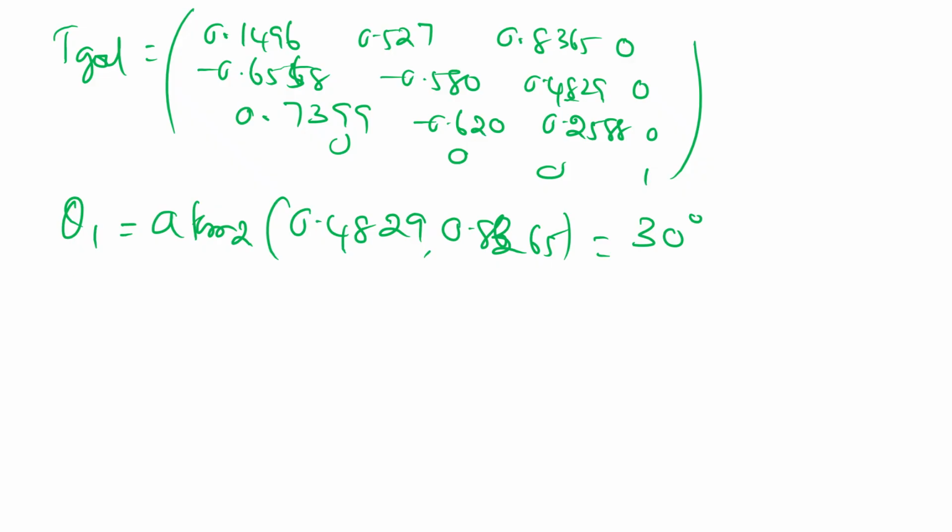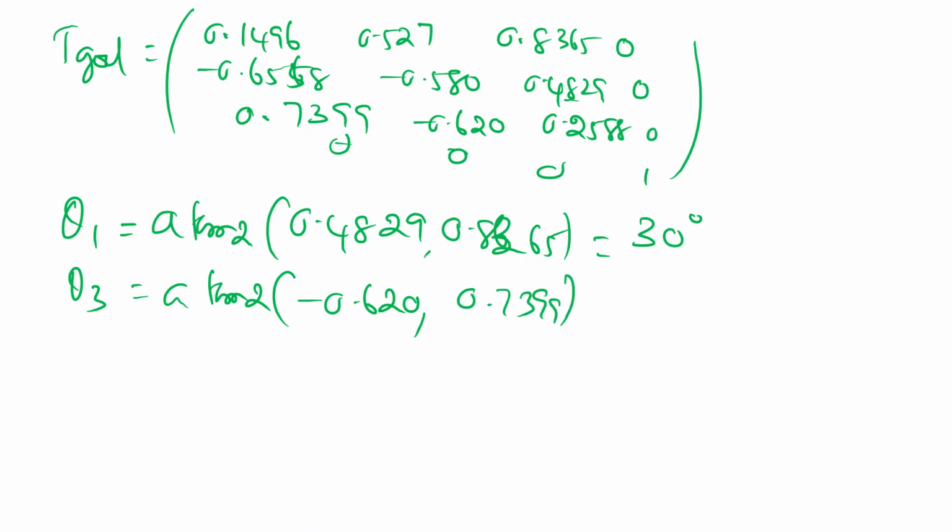Then theta 3 is from these two terms: theta 3 equals arc tan 2 of minus 0.620 and 0.7399. If you solve this, you will get 40 degrees. You can solve this using the calculator.